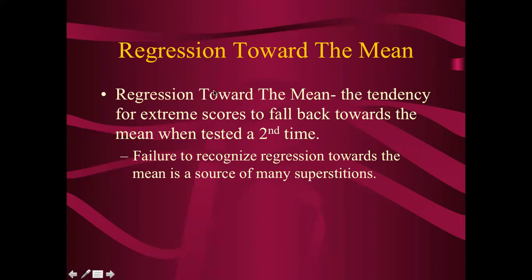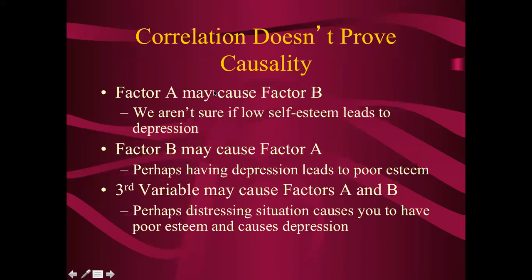All right. So the other thing that I want you to understand about correlation. We talked about correlation as having the ability to predict an outcome. But correlation and causation are not the same thing. Just because two factors are related doesn't mean factor A necessarily caused factor B. And I'll give you an example.